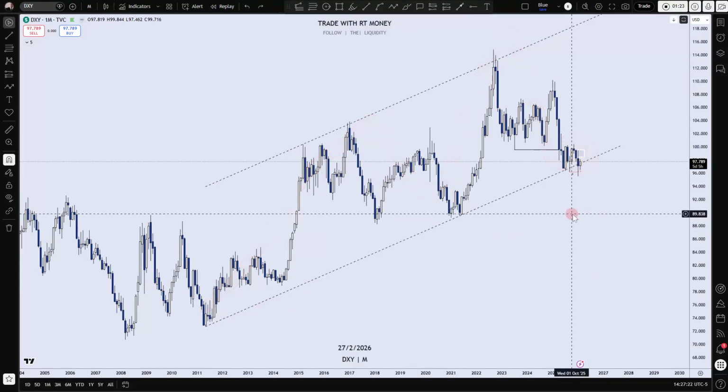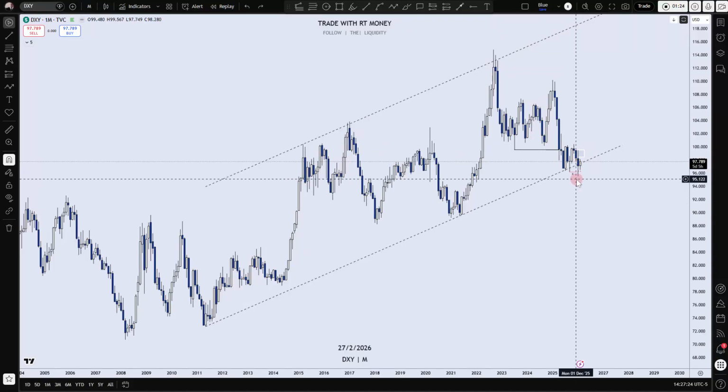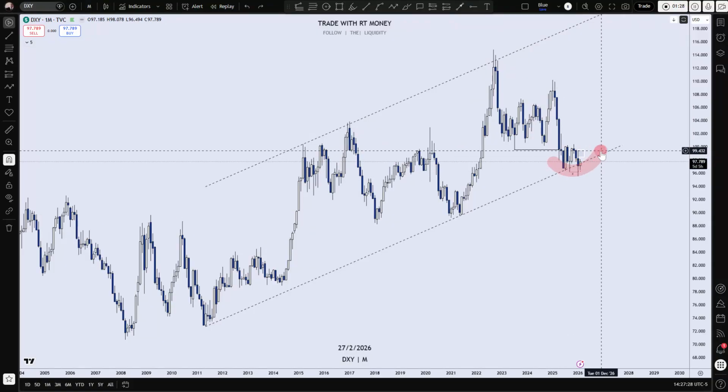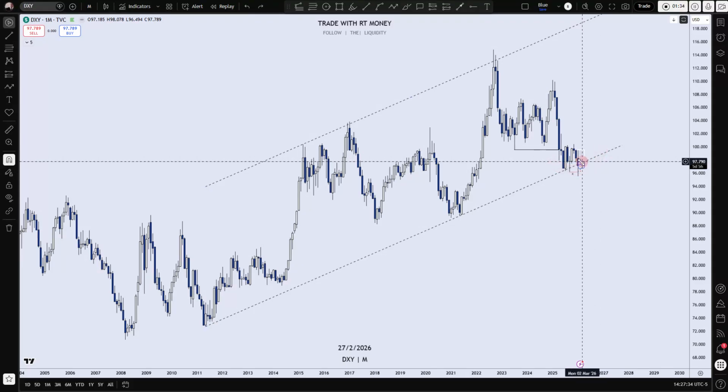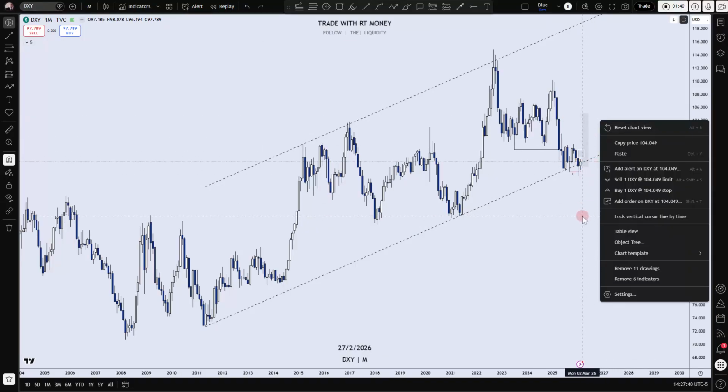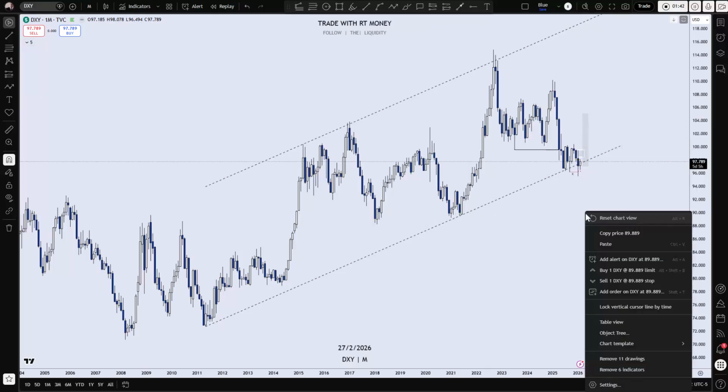And what I want you to see is that we are still at the support line of this ascending channel, and I've been saying it for several months now, there is the potential for the price to head back higher.